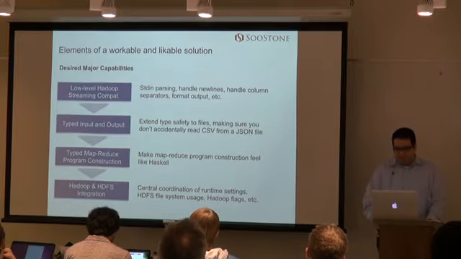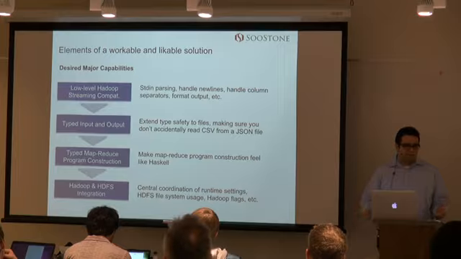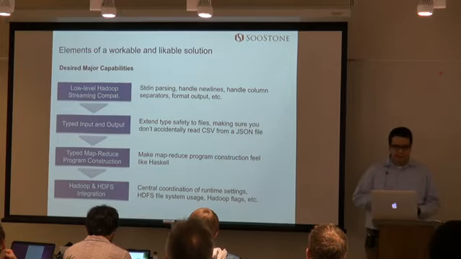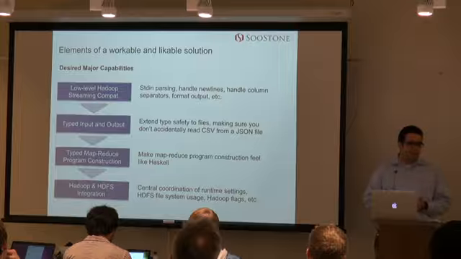Okay, so switching gears a little bit, how would we do this for Haskell? Well, if we look at the big objectives, first we would want to wrap around Hadoop really well. So we want to parse the input stream well, handle the new lines for the users, and take care of all the low-level aspects. Then we would like typed input and output.